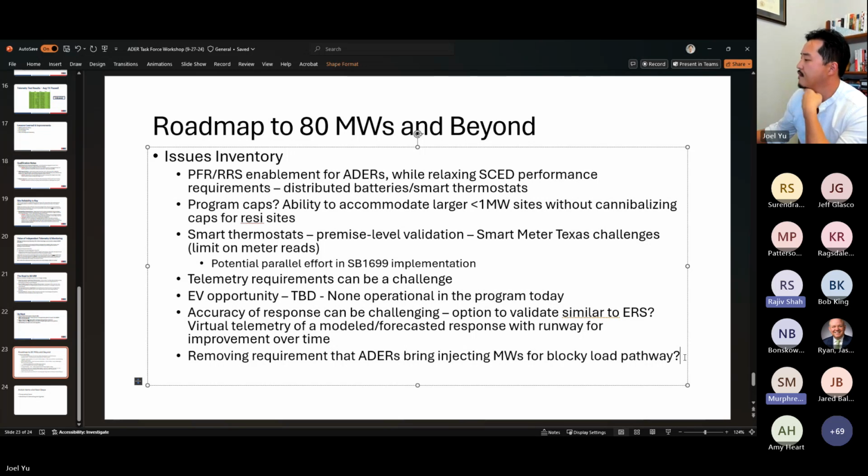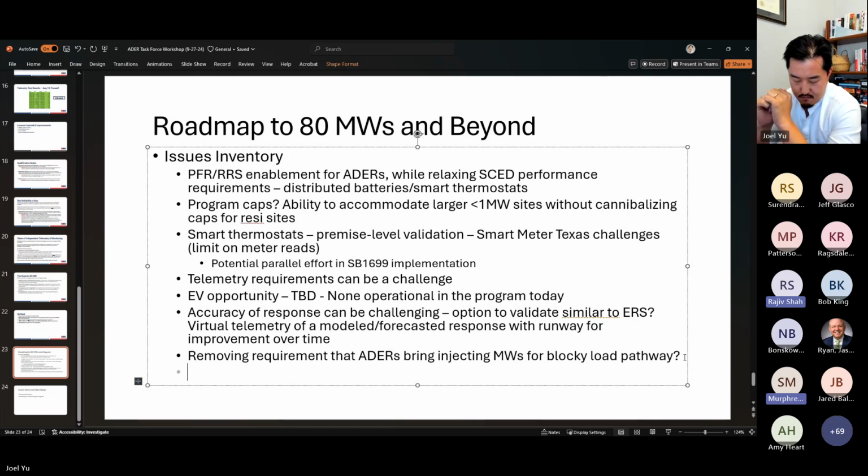We have thermostats in there, we have batteries in there, but part of the reason why we're excited about this is having these sort of multi-asset aggregations that to us kind of lends itself to customer centrism. Like if a customer has more than one device type, we could potentially be optimizing and kind of sending them more value on the basis of their various devices' participation in ADER.